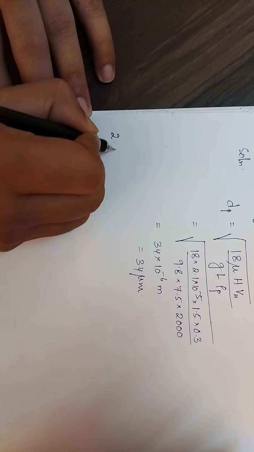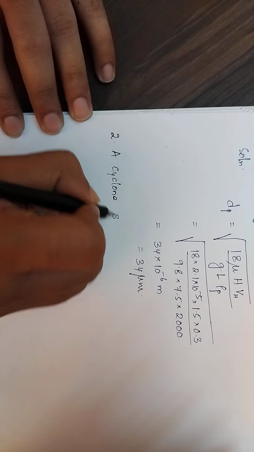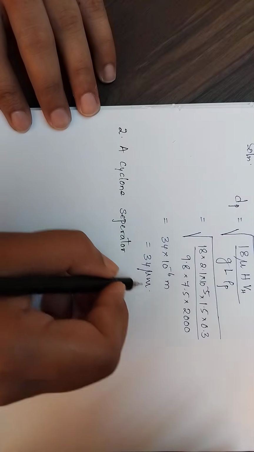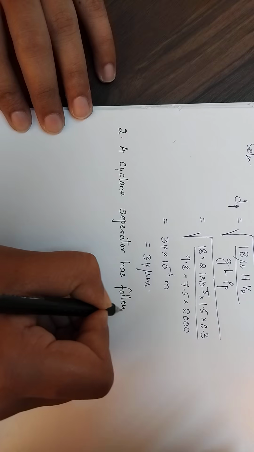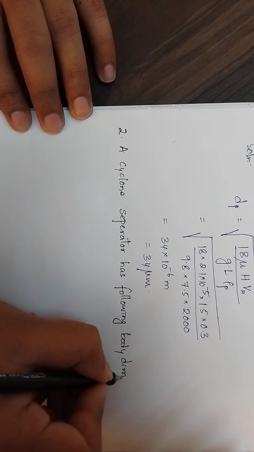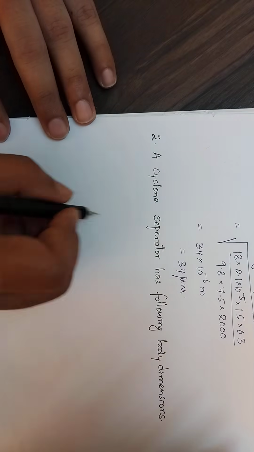A cyclone separator has following body dimensions. What are the values?